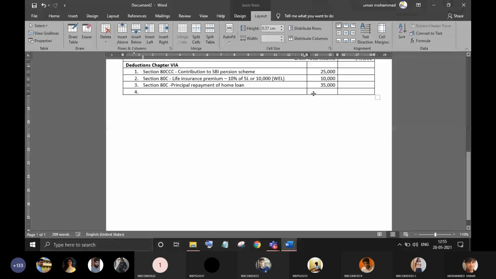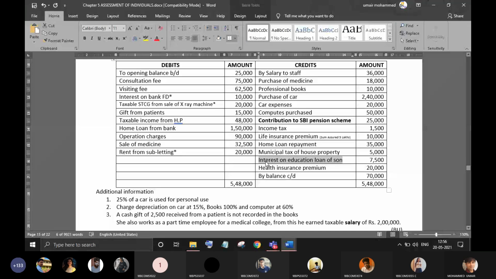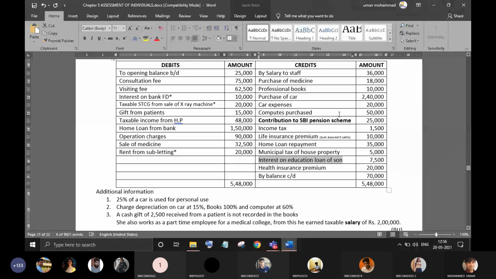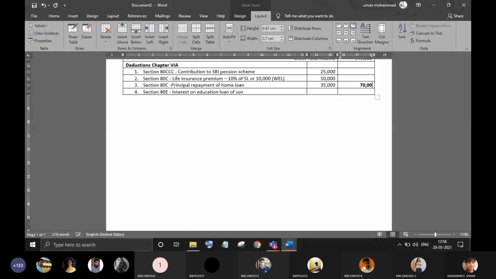So section 80E, interest on son's education loan is also there. So first let's total this: 25 plus 10, 35, 35 plus 35, 70,000. So this is together. Next home loan is 7,500.